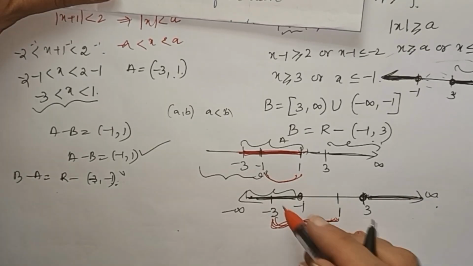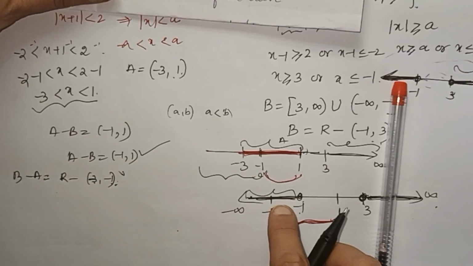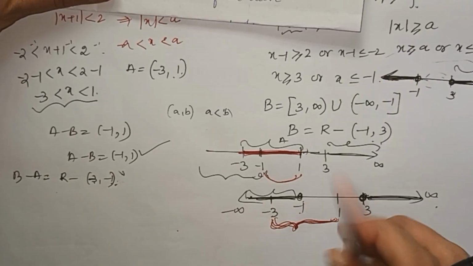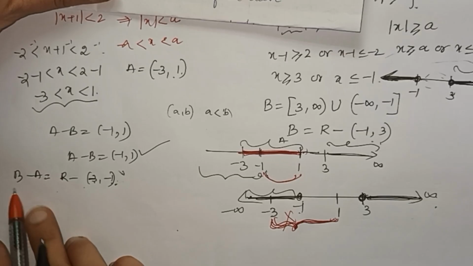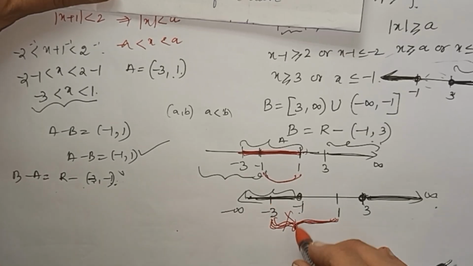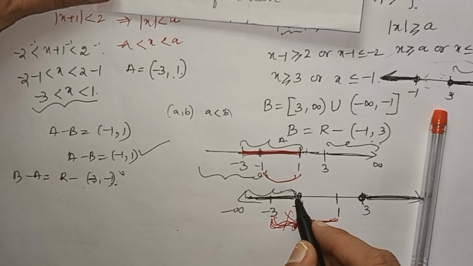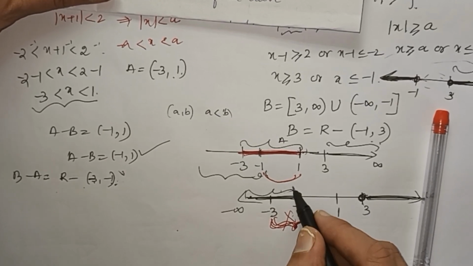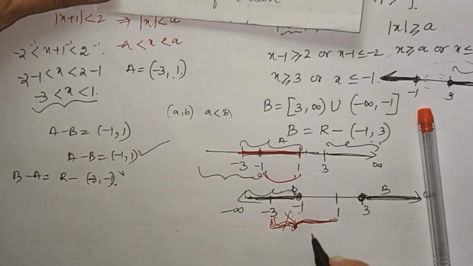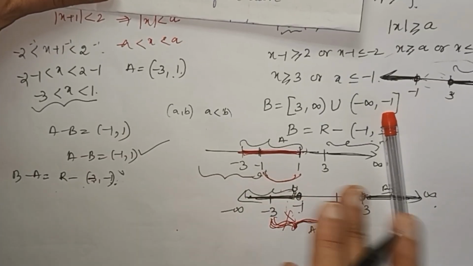From B, if you subtract the red part, we are removing this part, because B minus A means only B. It should be in B, it shouldn't be in A. But this part, look here, has the black bracket as well as the red bracket combined. It is in both B as well as A, so I have to remove that.